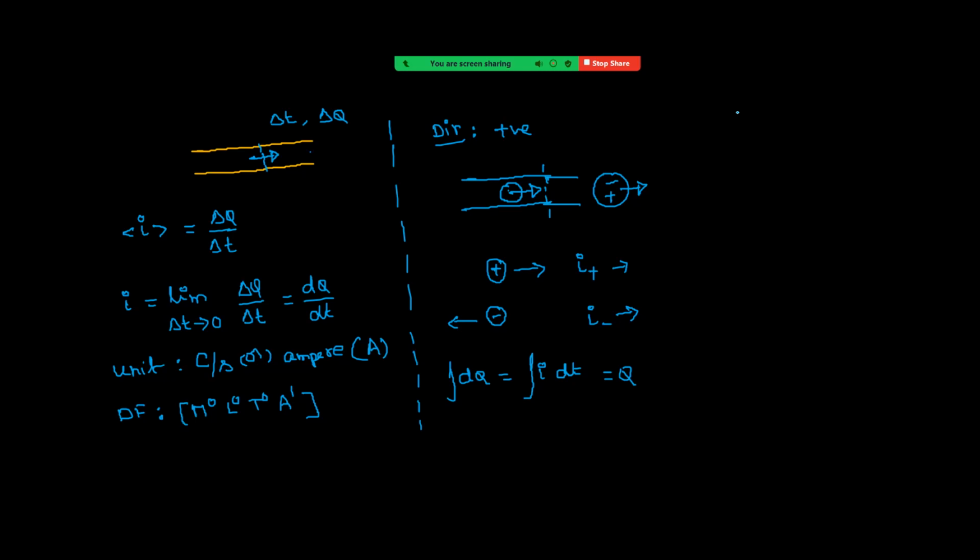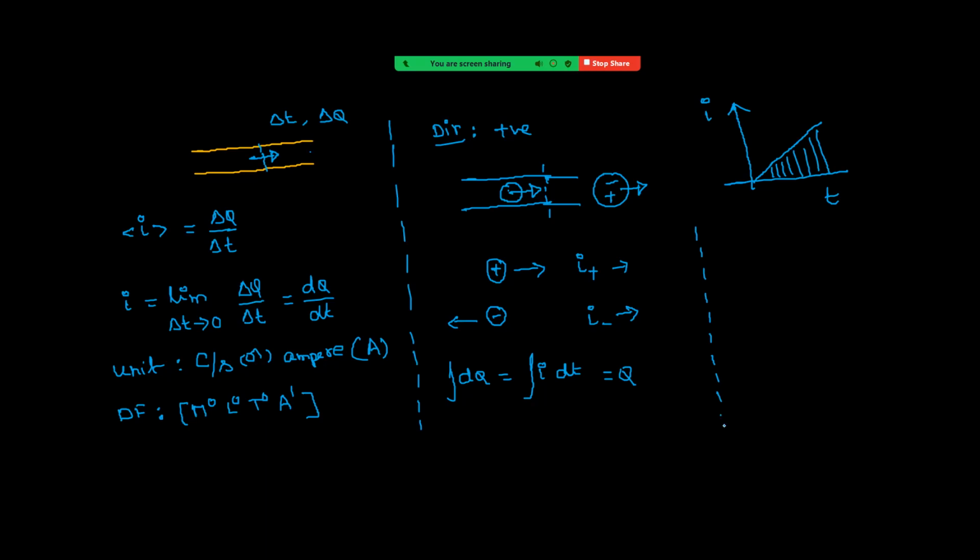That means if you take a current versus time graph, for example, a graph passing through the origin like this, then this area with the time axis gives the net charge flowing in that given time interval, which is more useful while solving problems. Let us see one small problem here.